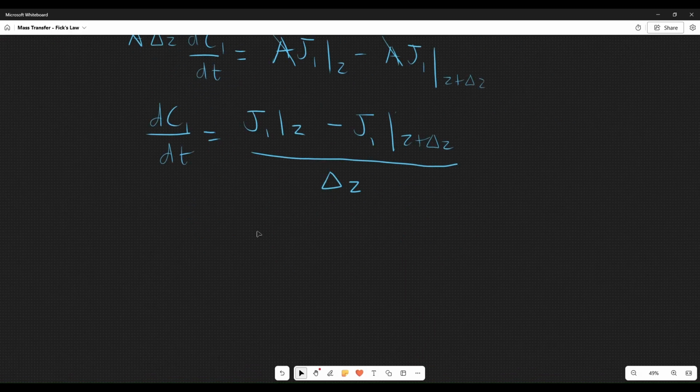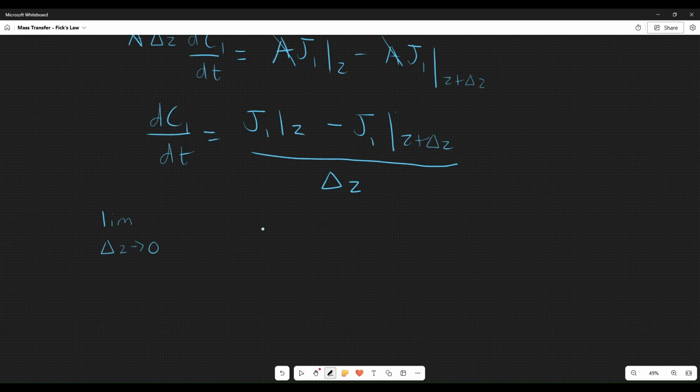And so now if we take the limit of this right side as delta Z approaches 0, we see that this is essentially the definition of the derivative.